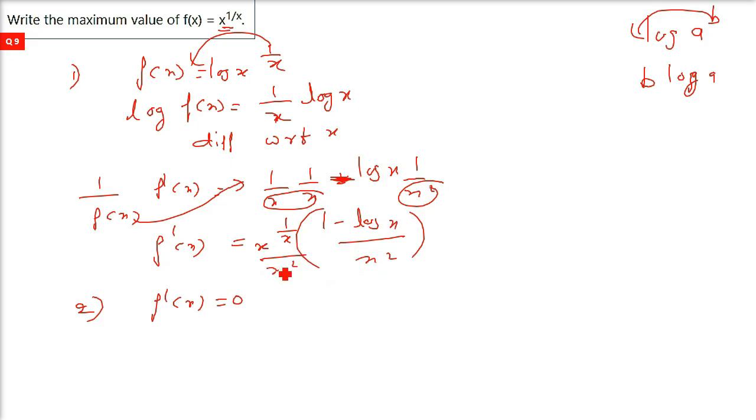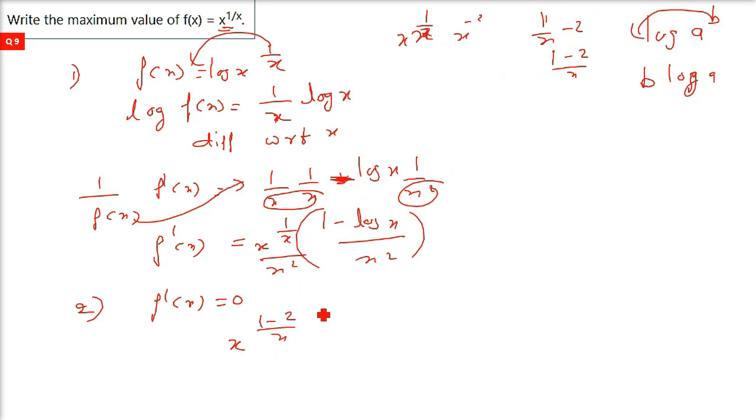See, x raised 1 by x by x square cannot be 0, because if it is 0, then there is no point in finding out the minimum value, maximum value. Even if you take this x square above, in the numerator, it will be x raised 1 by x minus 2. I'm just showing you different aspects, to prove that this x raised 1 by x square has nothing to do with equating it to 0.